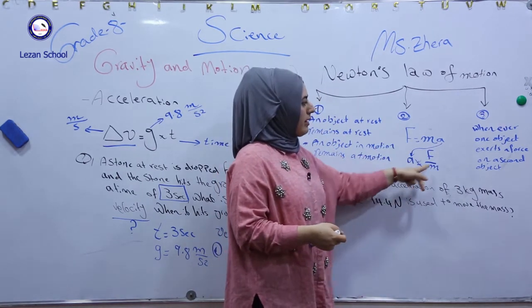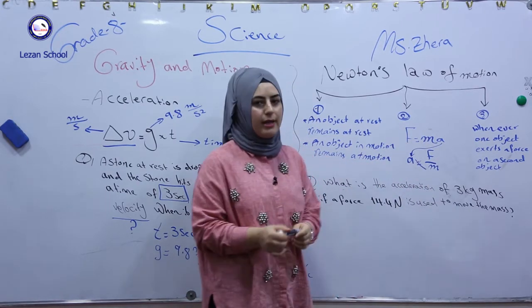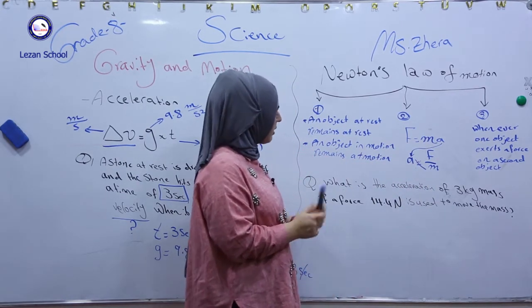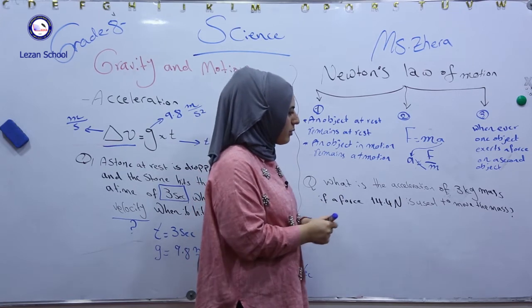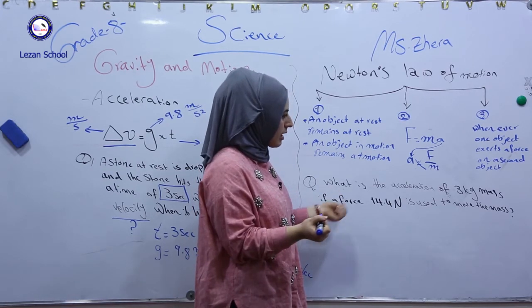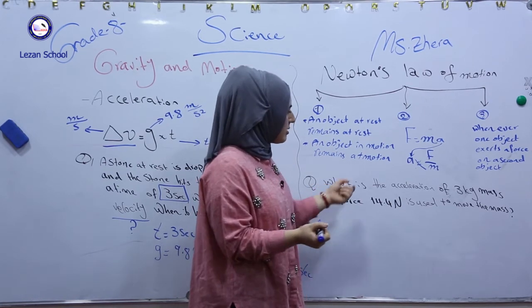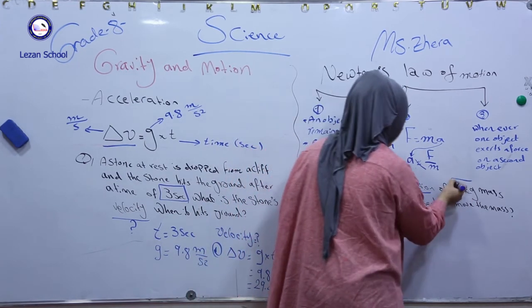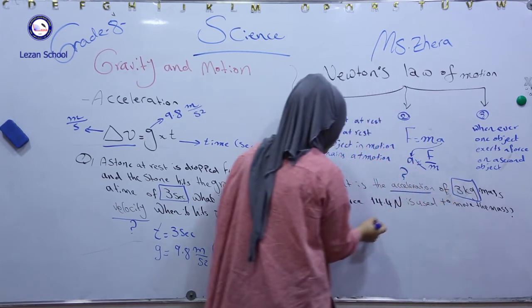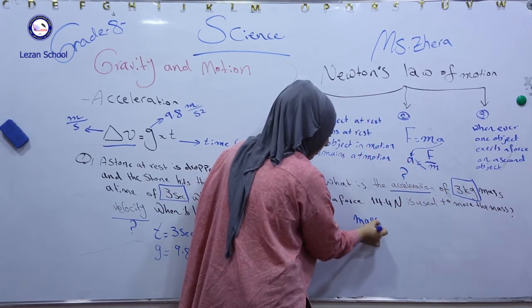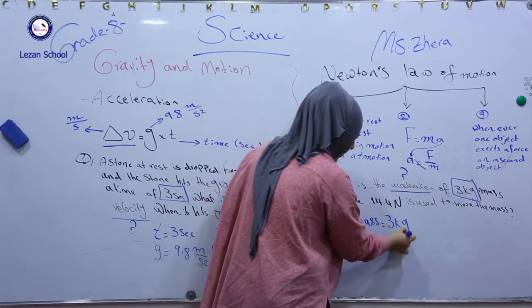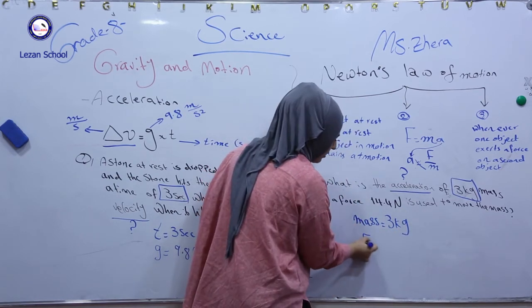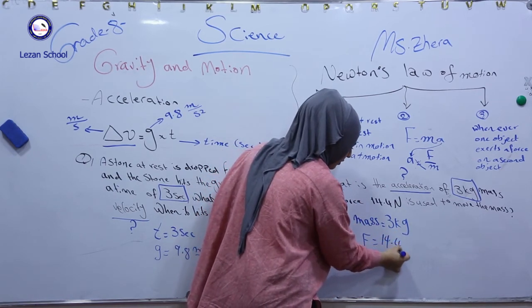When you want to solve a physics question about the second law, you have to know what the question needs, explain it first, and after that use the rule. What is the acceleration of a 3 kilogram object? We have a mass of 3 kilograms, and a force F equal to 14.4 Newtons.